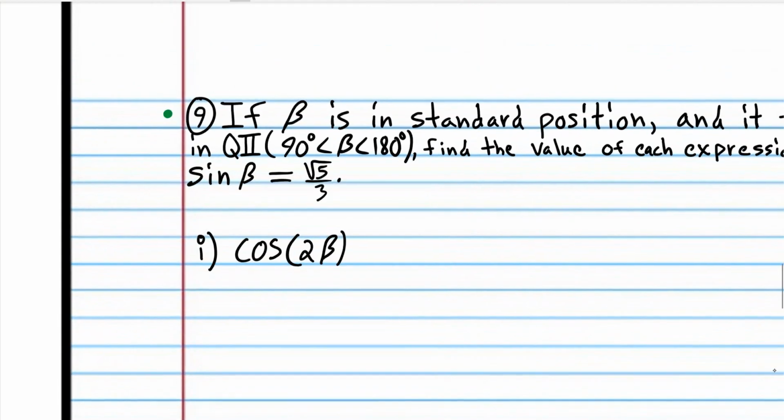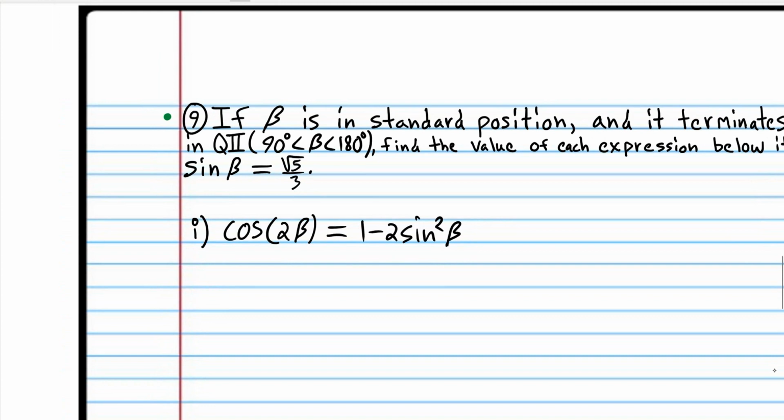Alright, we're back. So we're going to use this double angle formula. Why is that? Well, because we know sine beta, so we have to use that variation there. So we have 1 minus 2 times root 5 over 3 squared.